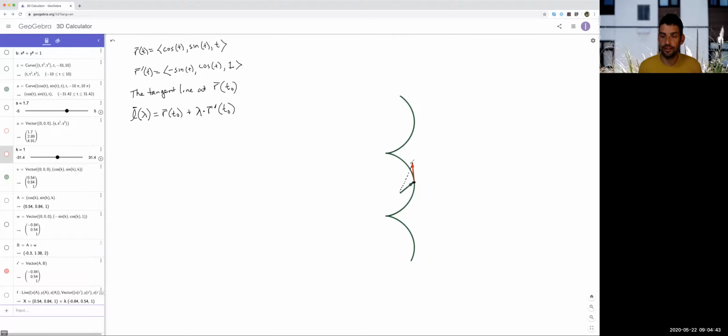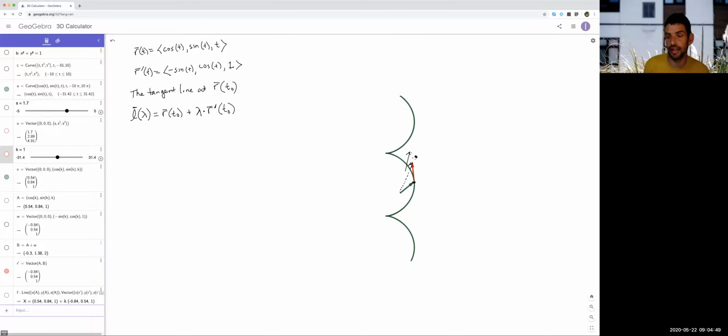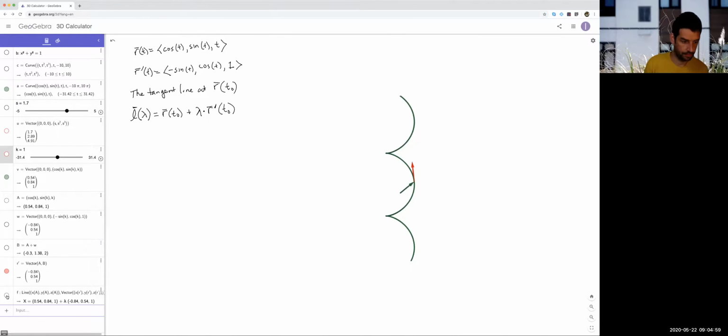If we scale it again, we'll get a vector out here. As we scale that vector, we get a vector that points at all the points on our tangent line. And there is the tangent line to that curve.